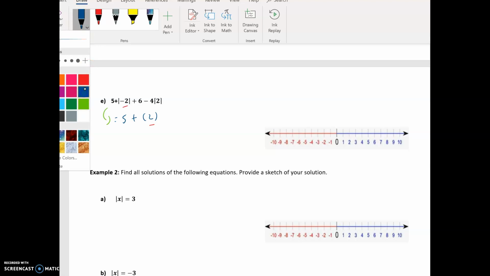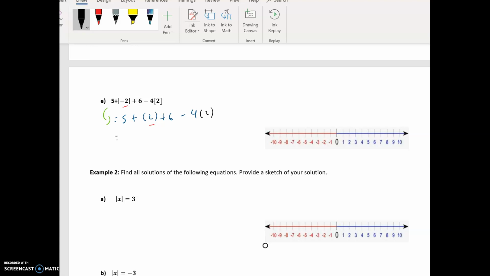And then we still have a plus 6 and then a -4. This one was actually copied in this format, but that's not an absolute value. That's an actual bracket. So this is going to be times 2. Or the value of 5 plus 2 plus 6 minus the value of 8.